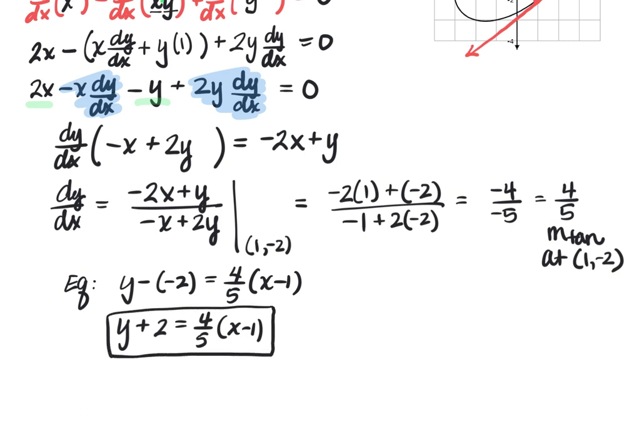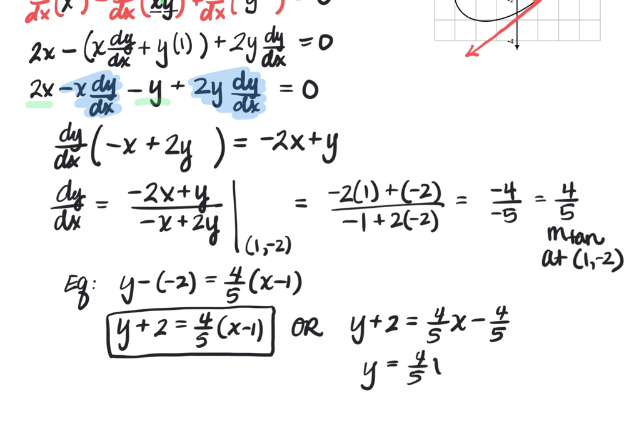This is acceptable. But if you are a person that was wanting slope-intercept form, remember that you can get your slope-intercept form from your point slope form by just distributing. So if we distribute the 4/5, we'd have 4/5 x minus 4/5. And then if we solve for y, we would be subtracting 2.